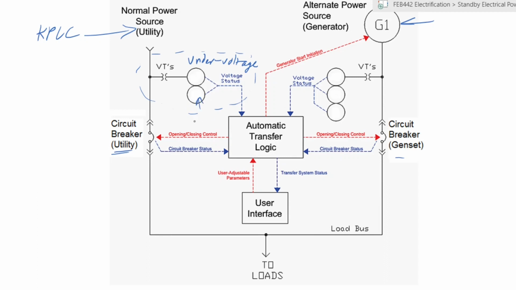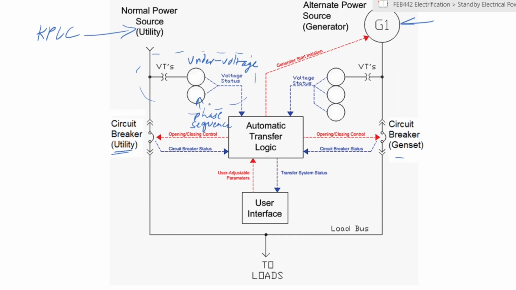In addition to that, you can have a phase sequence sensor. This identifies if you have three-phase power, the direction of that power must be in the correct sequence. So the peaks of the three-phase power follow the direction of red, yellow, blue.